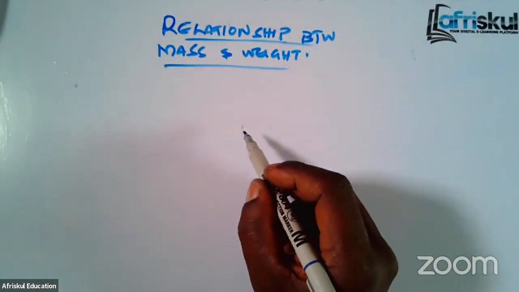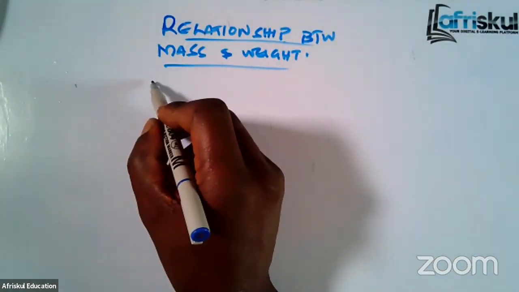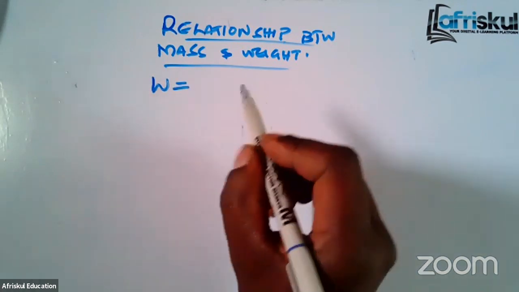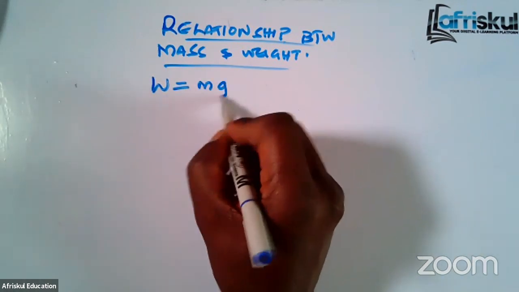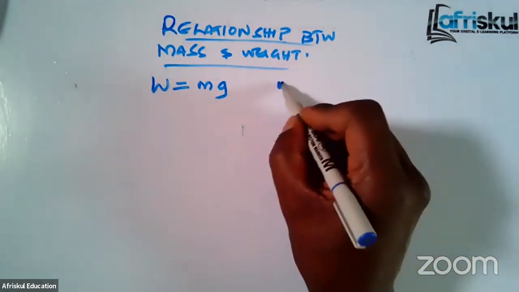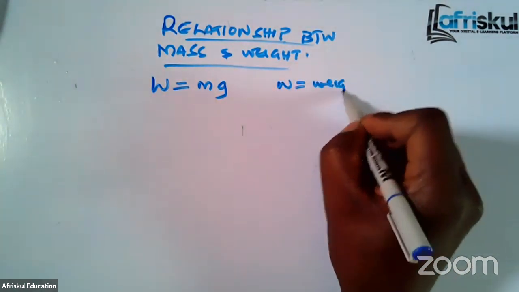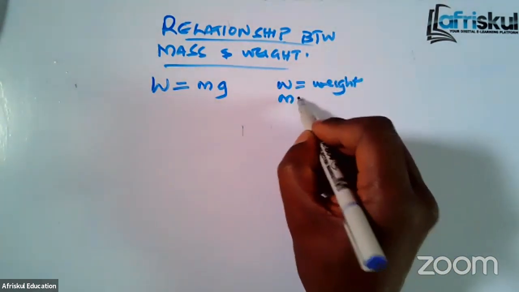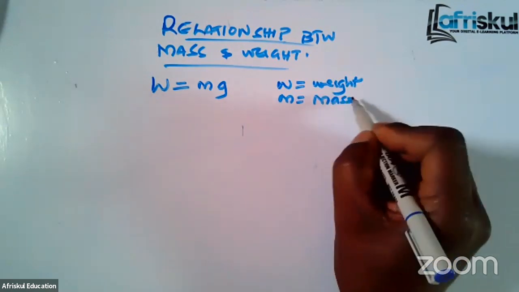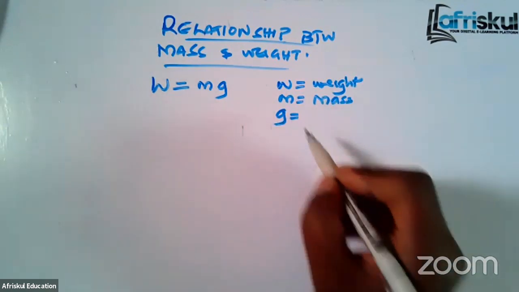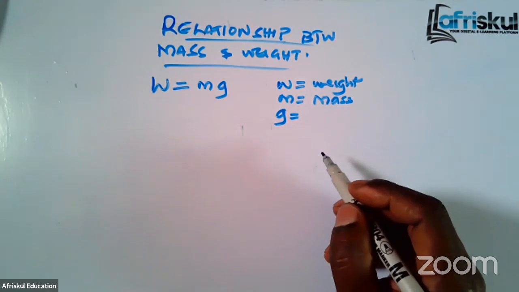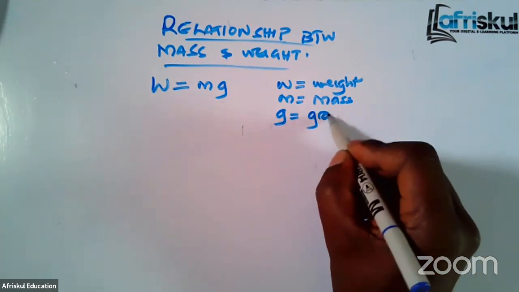Now, that relationship is given in form of a mathematical relation, and this mathematical relation is simplified as W is equal to mg, where W is weight, m is mass, and g is a constant. Is a constant that we call a gravitational constant.